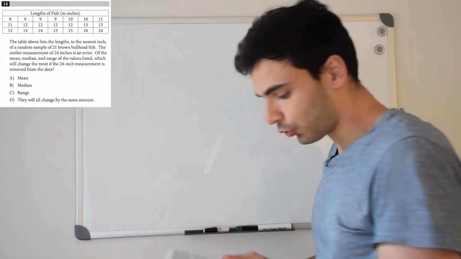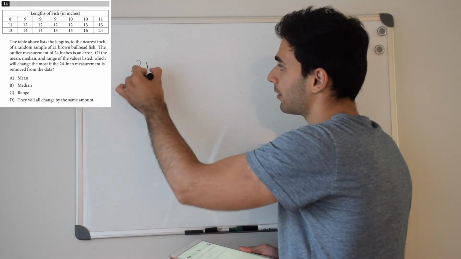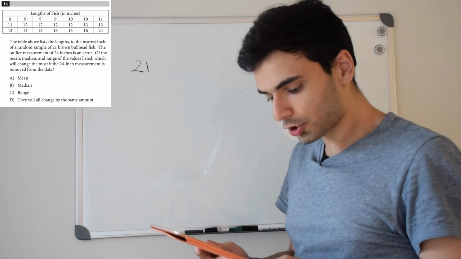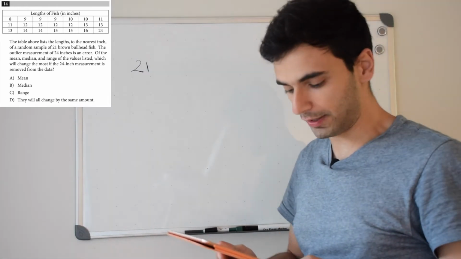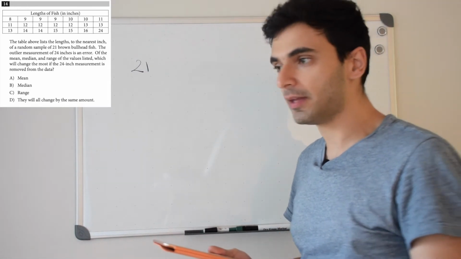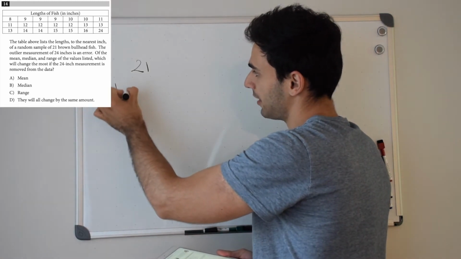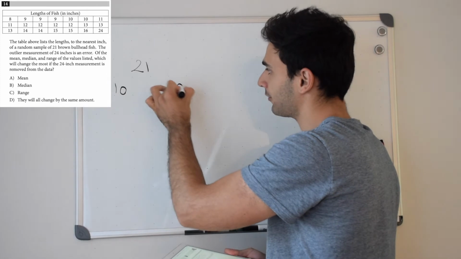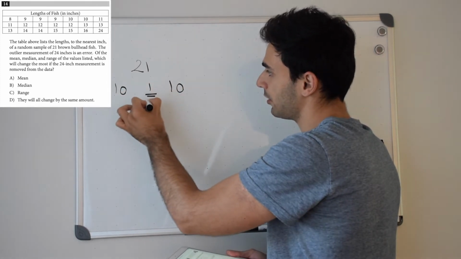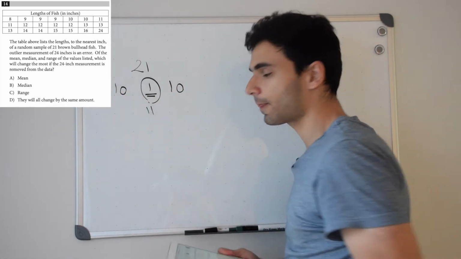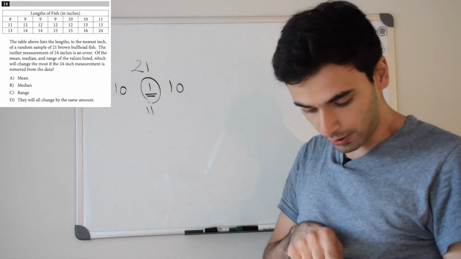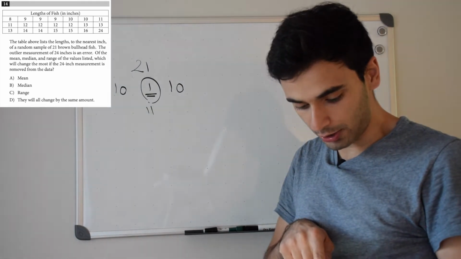Okay, so we have 21 data points, right? First of all, let's talk about the median. The median is the 11th data point, because we have 10 data points before that, 10 after that, and 1. So the 11th data point is our median, and here it is 12.